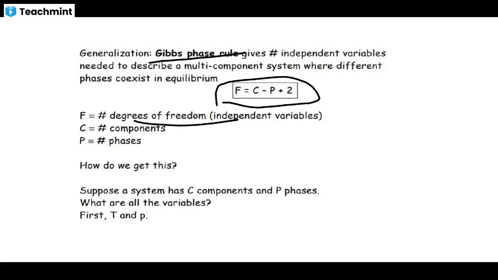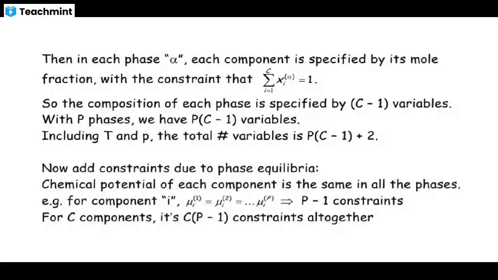Suppose a system has C components and P phases. What are all the variables? First the temperature and pressure. Then in each phase alpha, each component is specified by its mole fraction. For the ith component the mole fraction is xi, and if you sum all the mole fractions you get 1.